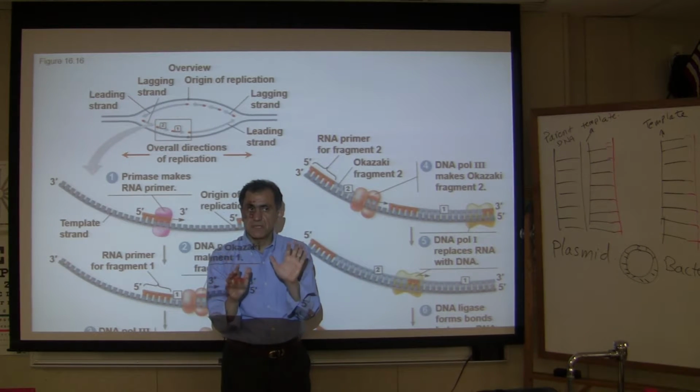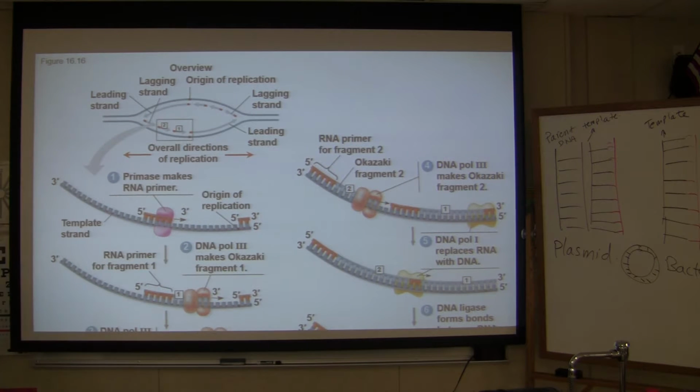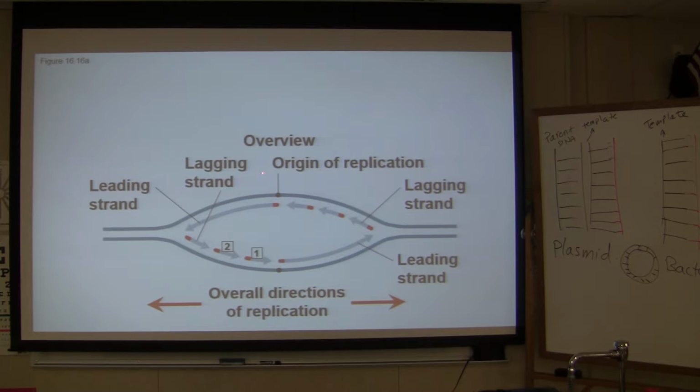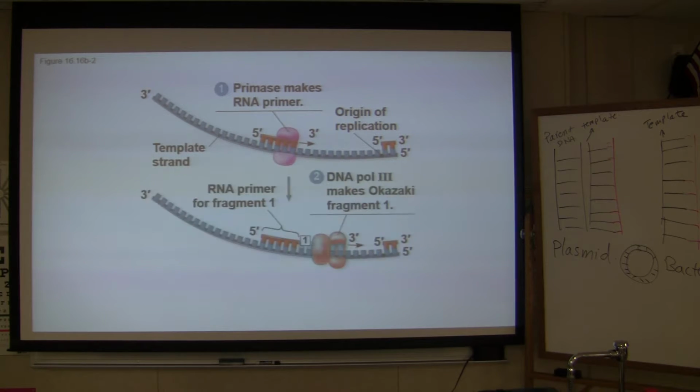Am I making some sense, everybody? You all know what I'm talking about? Okay. I think that's the last enzyme. We'll see the list. And then right here, over the origin of replication, lagging strand, Okazaki fragments, DNA is going in both directions. Right here, primase makes the primer, okay? And then of course, it goes 3 prime to 5 prime, and so on and so forth.